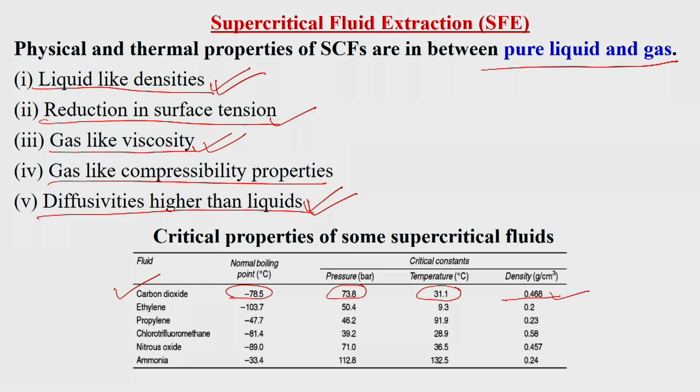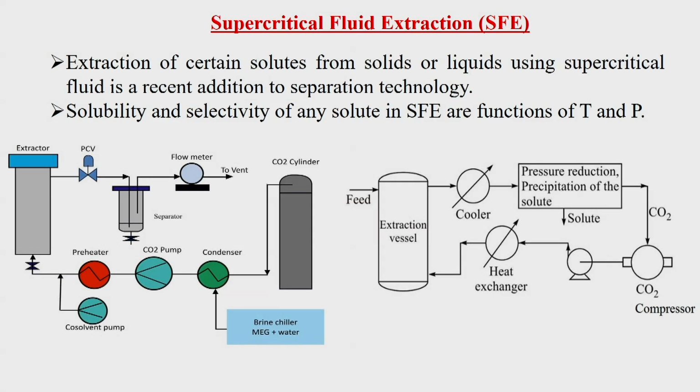Extraction of certain solutes from solids or liquids using a supercritical fluid is a recent addition to separation technology. Solubility and selectivity of any solute in supercritical fluid extraction are functions of temperature and pressure.